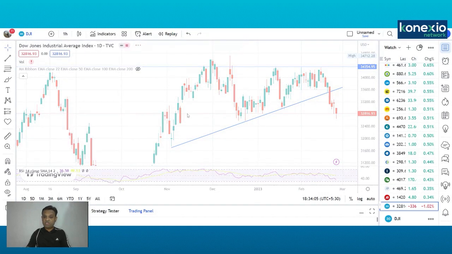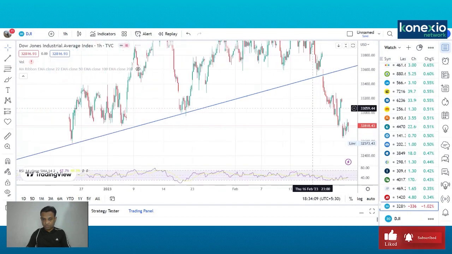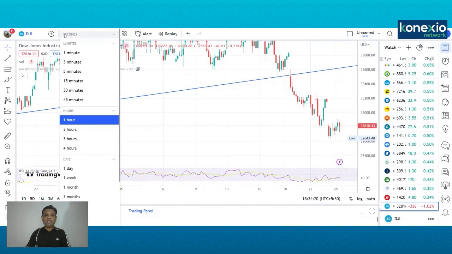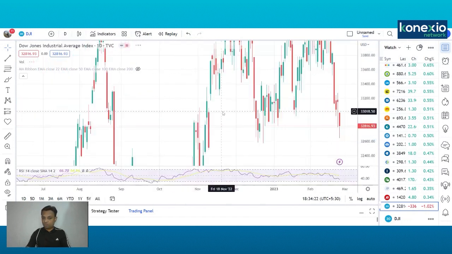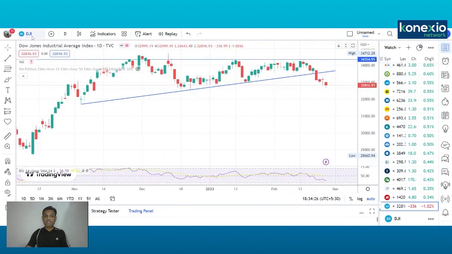Let me go to the hourly chart of Dow Jones. You can clearly see here prices were going down, but RSI in Dow is also showing some sort of positive divergence on the hourly chart. So looking at Dow Jones and the Indian markets, I mean Nifty, we feel that we might see a counter rally from the lower levels, so one needs to be highly cautious.